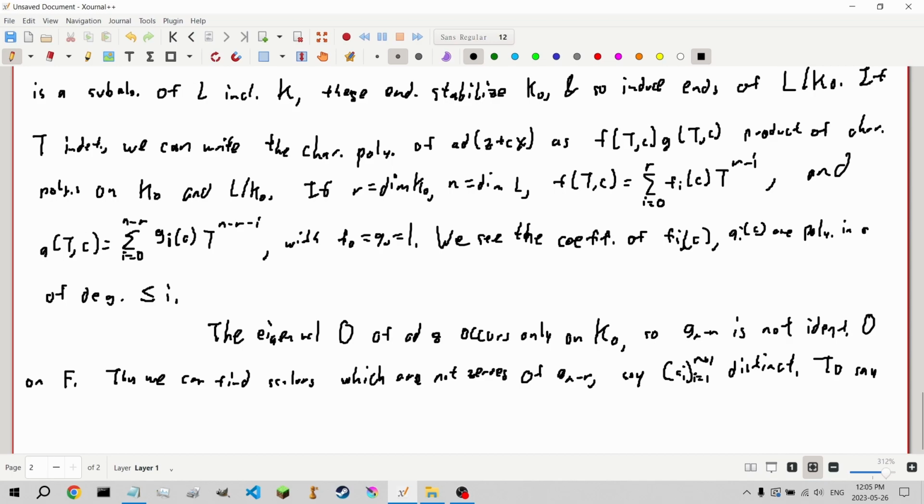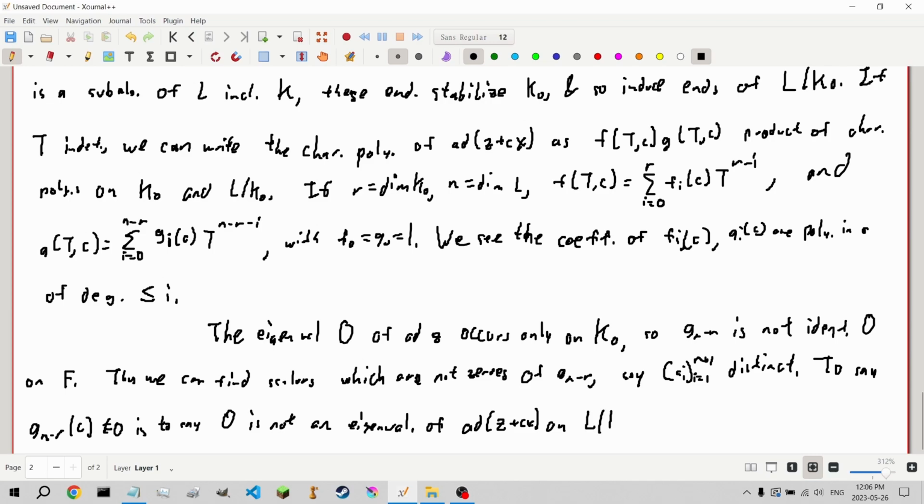To say that g_{n minus r} of some c is non-zero is just to say 0 is not an eigenvalue of the adjoint of z plus cx on our quotient space L over K0.